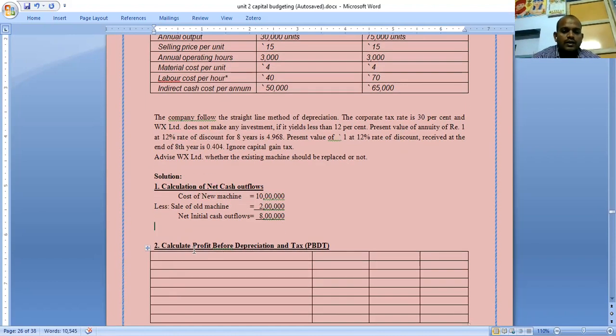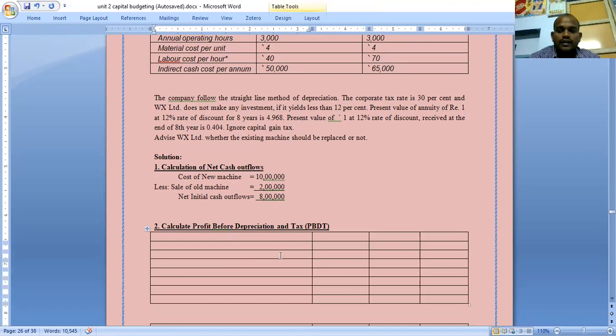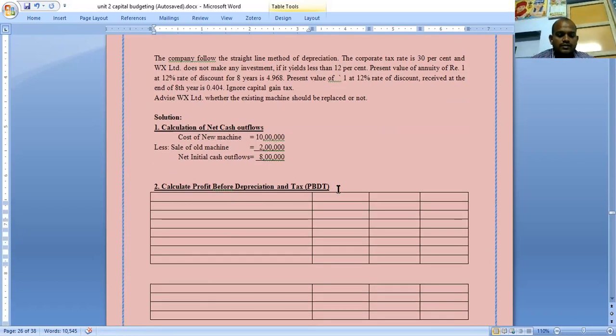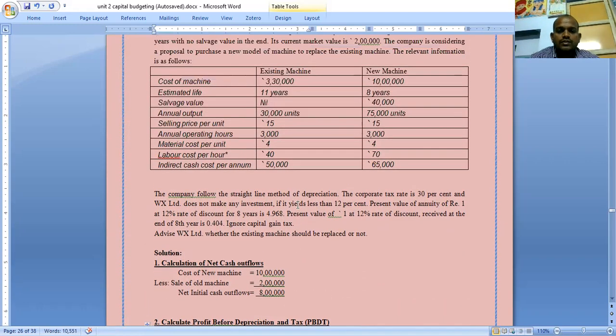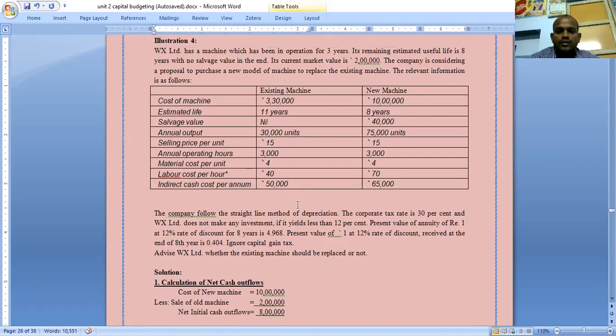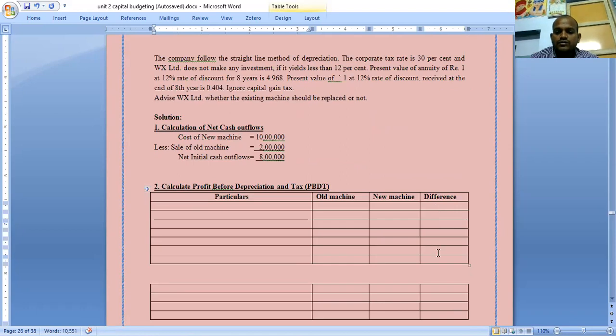Second step, calculation of profit before depreciation and tax, and then net cash flows. Let us calculate the profit before depreciation and tax by considering all elements. So particulars: old machine, new machine, and difference. Because this is a replacement decision, we have to calculate the incremental cash flows.